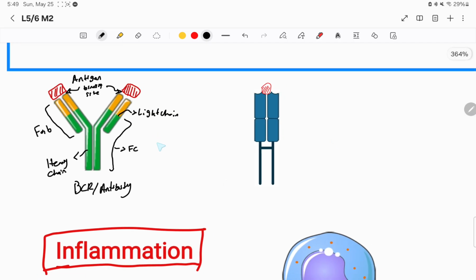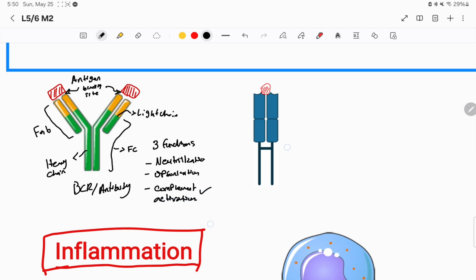Now the antibody has three functions. One is called neutralization. The other is called opsonization. And the last one is called complement activation. We've already seen one of these, which is complement activation.